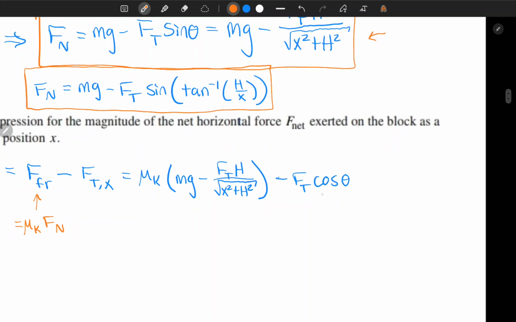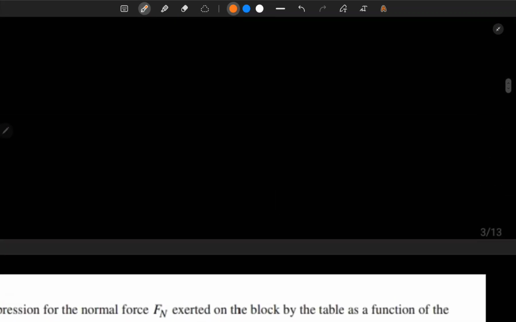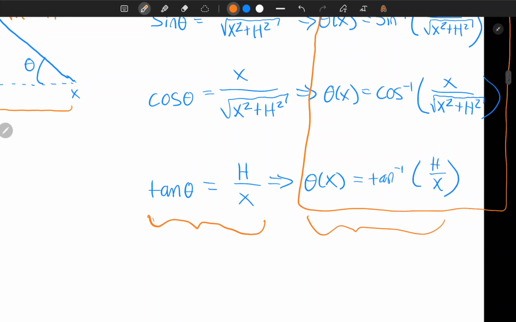Next, however, we can plug in for the cosine of theta that we found above.